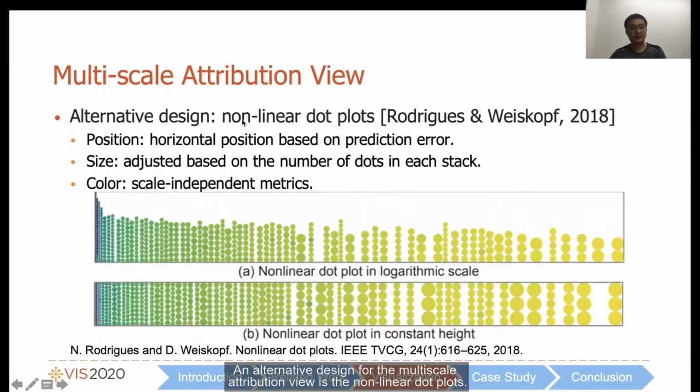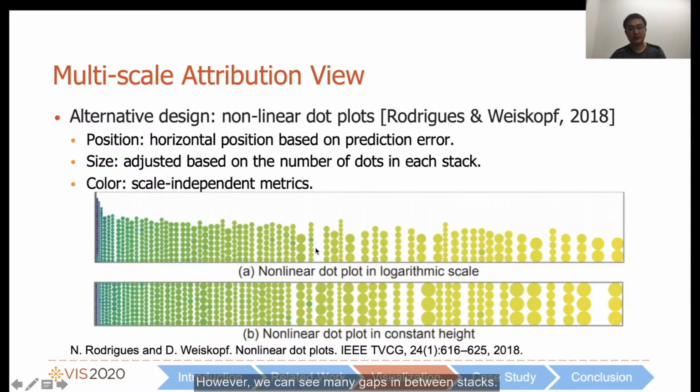Our alternative design for the multi-scale attribution view is the nonlinear dot plots. In nonlinear dot plots, the horizontal positions are based on prediction errors, and the dot sizes are adjusted based on the number of dots in each stack, colored based on scale-independent matrices.